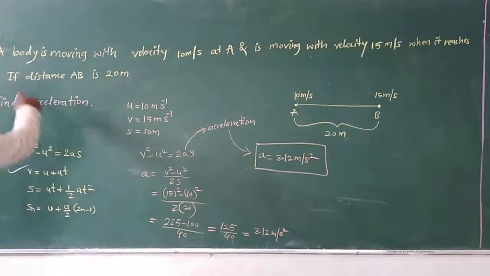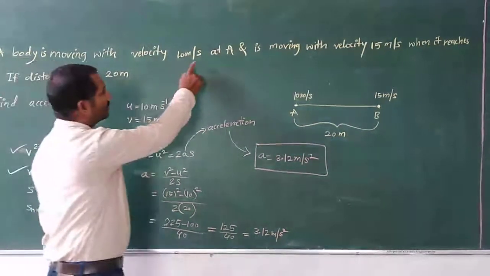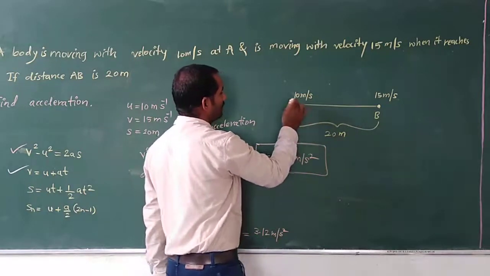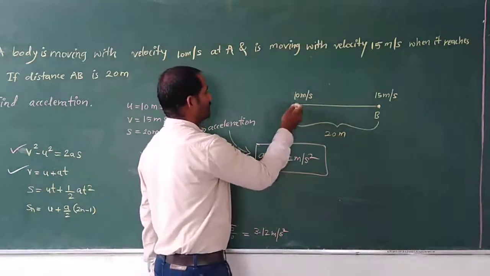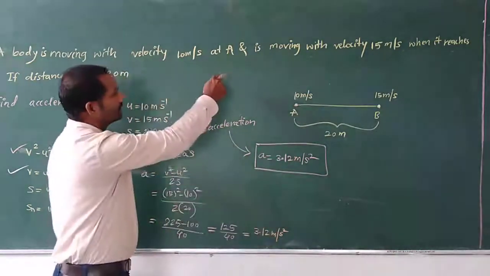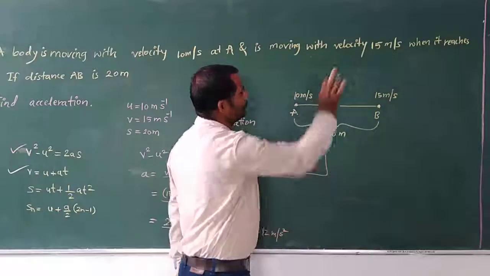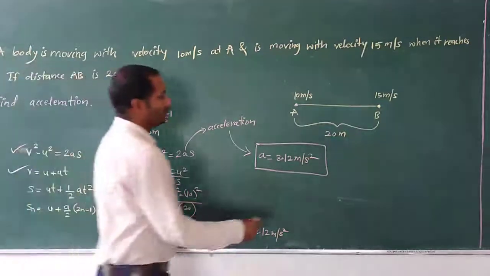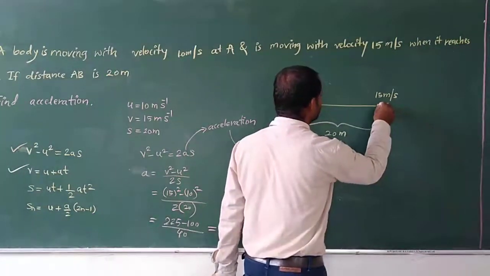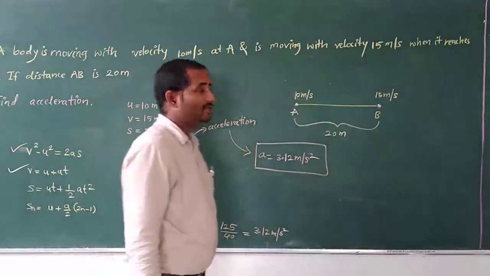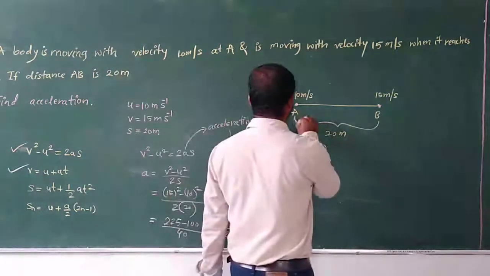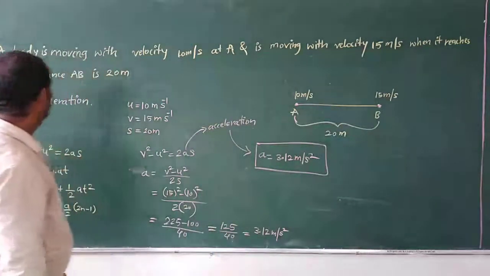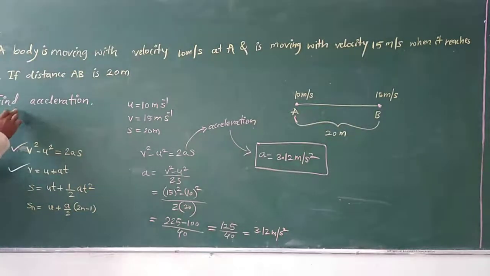परत एकदा आपण बघूया. A body is moving with velocity 10 meter per second at A. So that velocity at A, किंवा कार समजा कार जात आहे, कारची velocity आहे 10 meter per second. Then it is moving with velocity 15 meter per second when it reaches point B. So या point B पर्यंत पोहोचल्यानंतर त्या कारची velocity किती असणार आहे? 15 meter per second. And the distance between point A and point B is 20 meters. So what we have to find? We have to find acceleration.